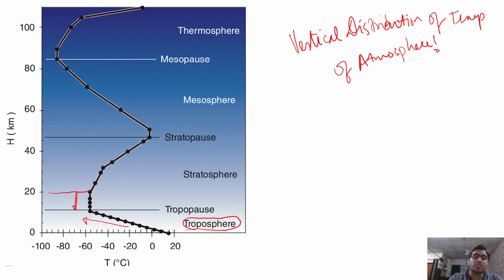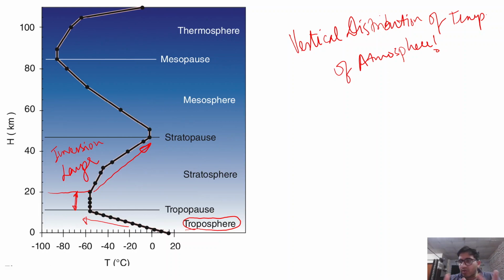There is no change in the temperature, or the lapse rate becomes zero, and after that we see a rise of temperature in the stratosphere. So this layer is called the inversion layer. This lapse rate is an important phenomenon, and it helps us to understand how the temperature variation in the atmosphere takes place. It also controls some important events and phenomena like jet streams. So we need to understand what temperature inversion is and the vertical distribution of the atmosphere.